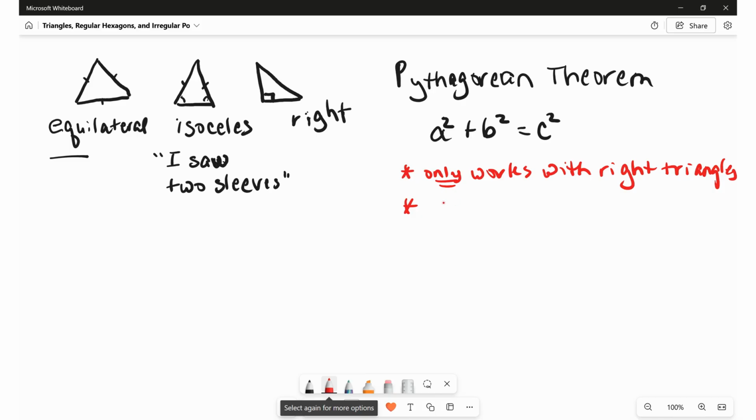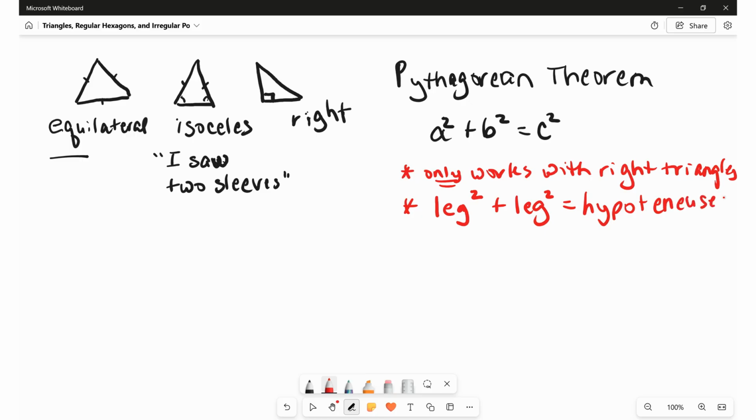They are variables. And what do they mean? Well, it technically means the leg squared plus the other leg squared is equal to the hypotenuse squared.